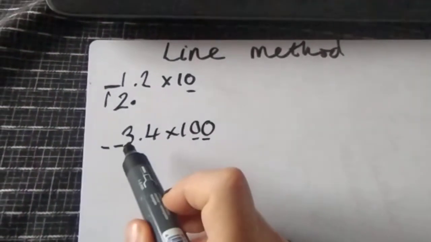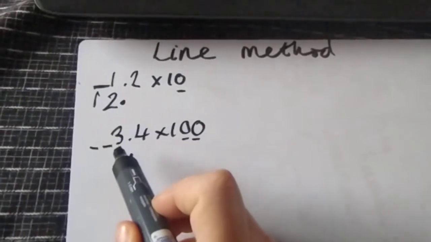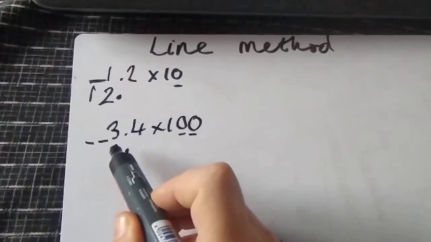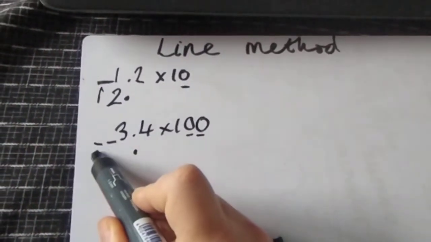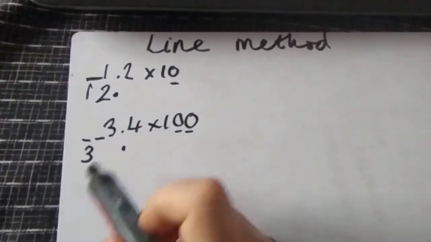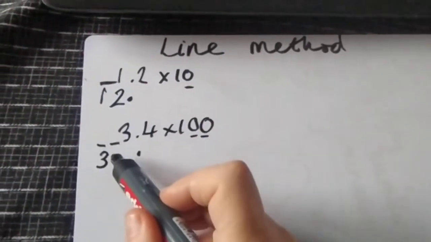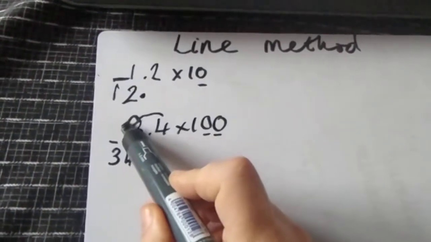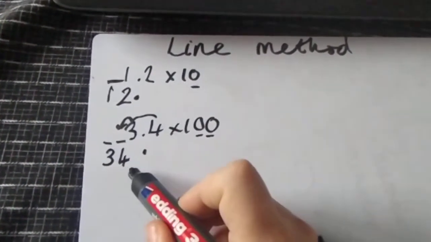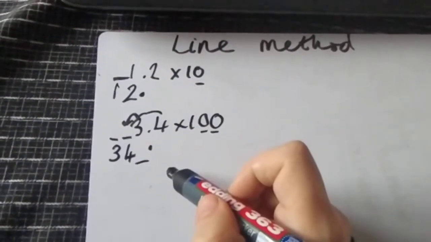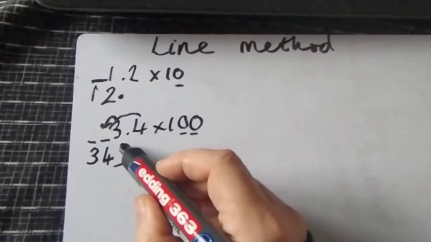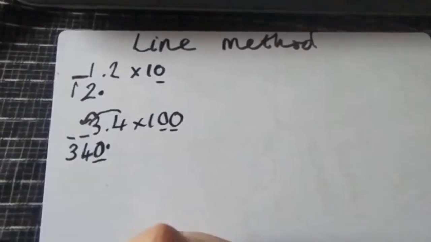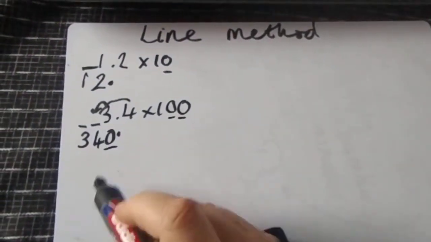So then we move everything across underneath, and take the number next to the line first. So the 3 goes into the hundreds column. The 4 just follows it along. Hopefully you can see it's moved 2 places, 1, 2. And then here is our ones column. Now we can't leave that empty, so we need to put a 0 in there as our placeholder.